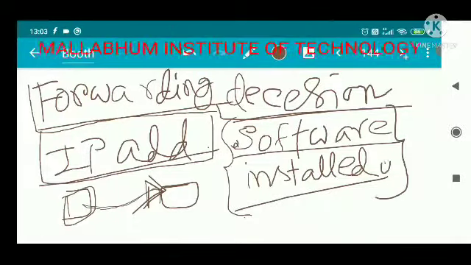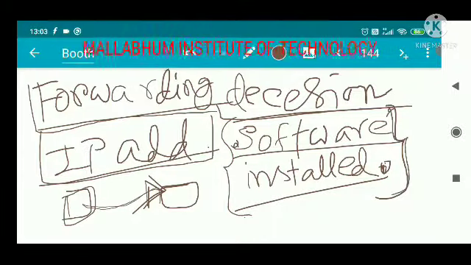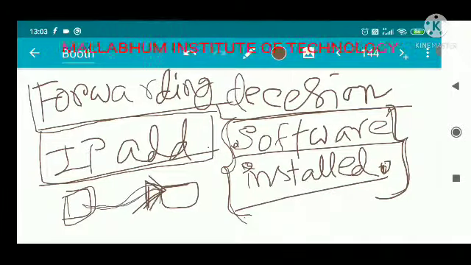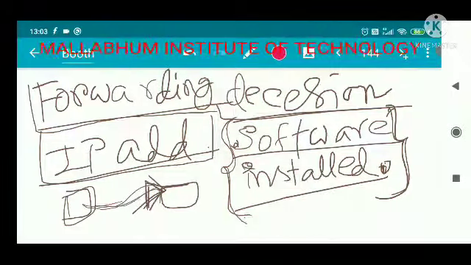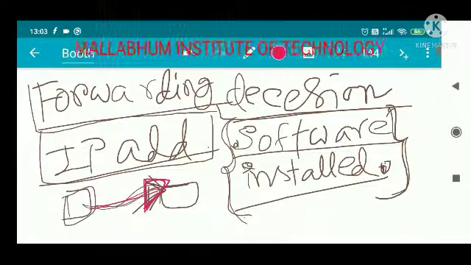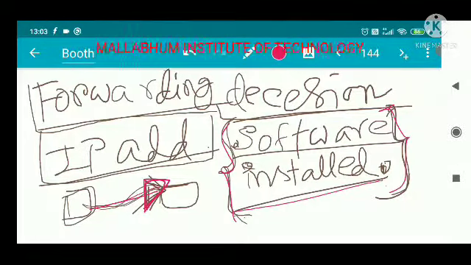So it is not a purely hardware device. Software is installed so that it can store the table or the algorithm that runs the router, and it can take the forwarding decision based on consulting the algorithm or the different tables. So that is the purpose of the router.